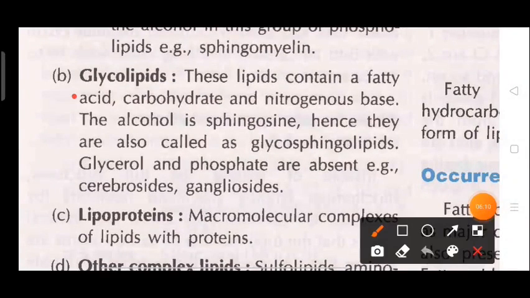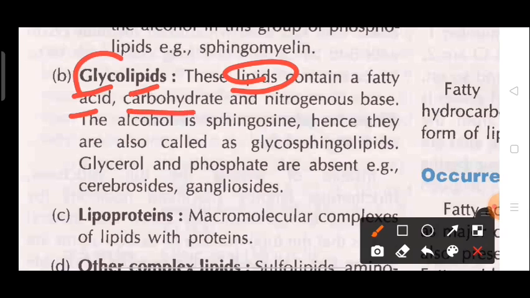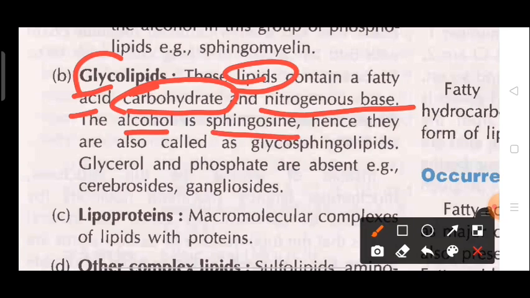Glycolipids, as the name suggests, are lipids containing fatty acid and carbohydrate, plus they have nitrogenous bases. The alcohol present is sphingosine.